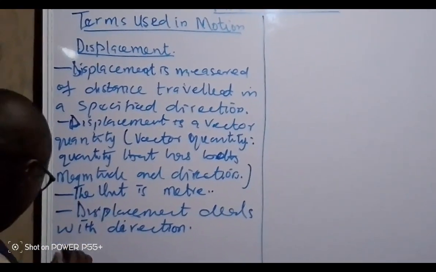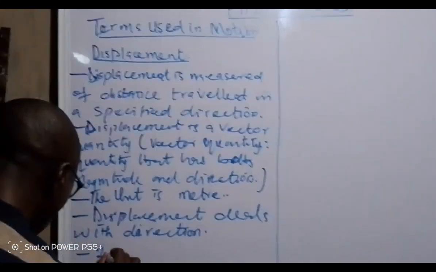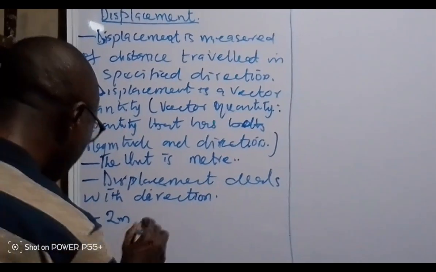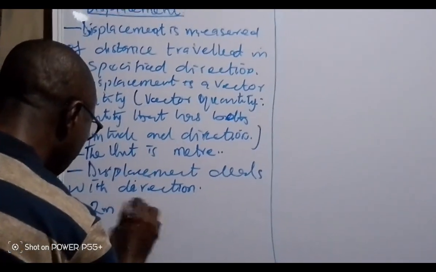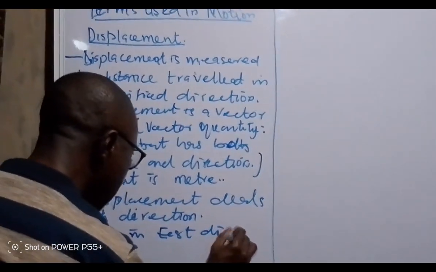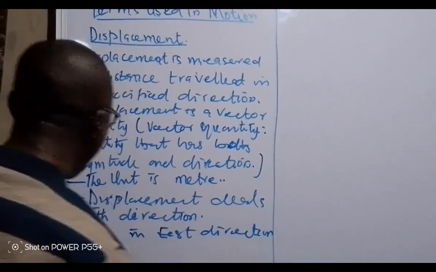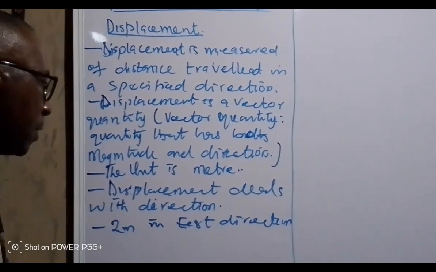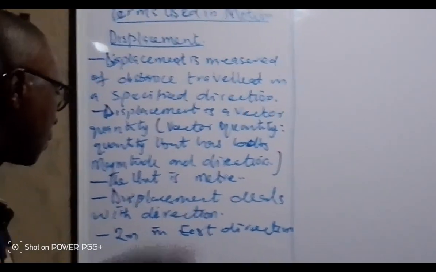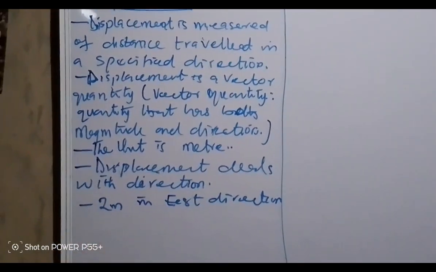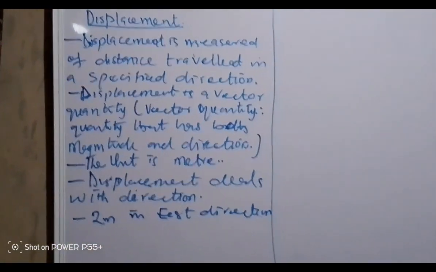For instance, when you say 2 meters, that's magnitude. But in what direction now? It can be in the east direction. So it can be any direction. It can be east, north, south, or northwest, or southwest, or any direction. But the only thing is that direction must be there to make displacement.